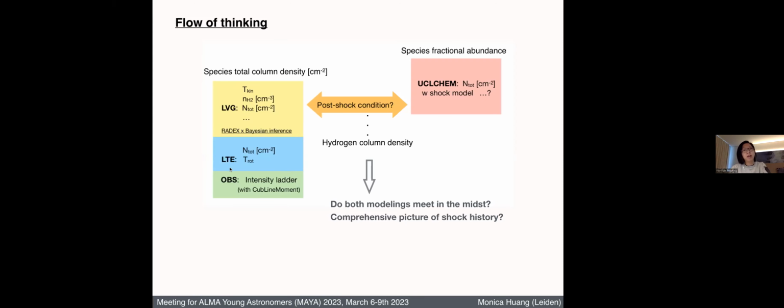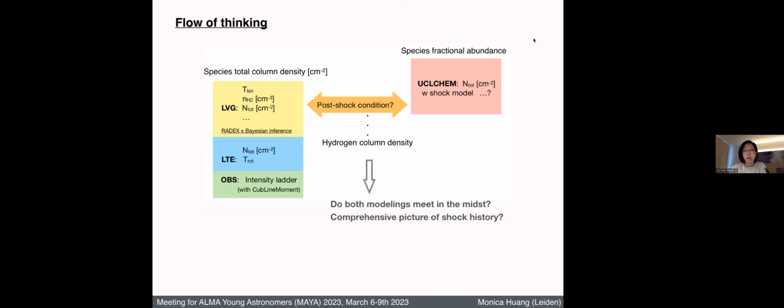In parallel to this massive block here, we perform the chemical modeling, which is on the right-hand side in the pink block here. By putting the two parts of analysis together, radiative transfer modeling and chemical modeling, we wanted to see whether the analyses from both sides, which provide different pieces of information, can in the end be consistent and coherent.